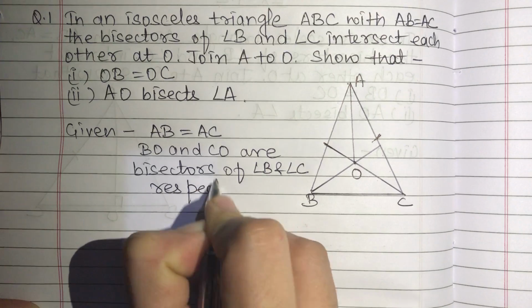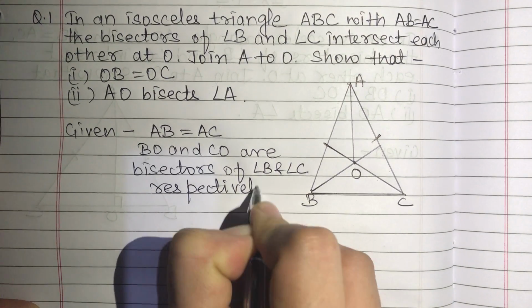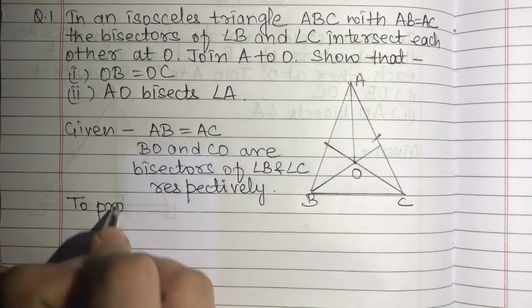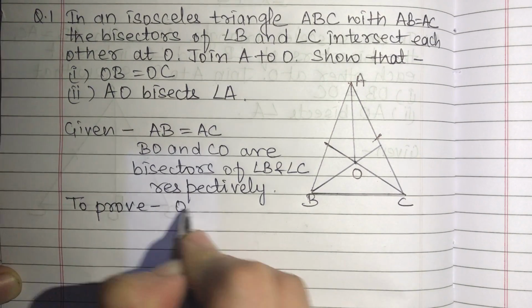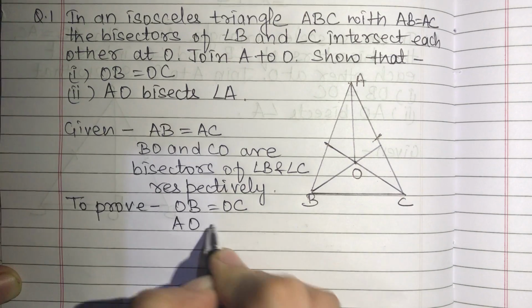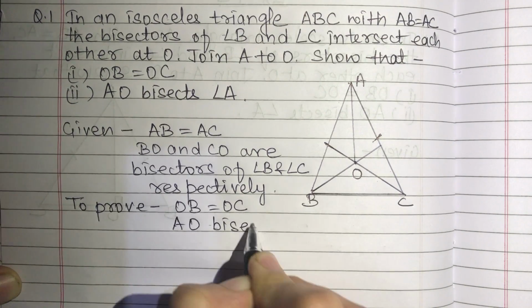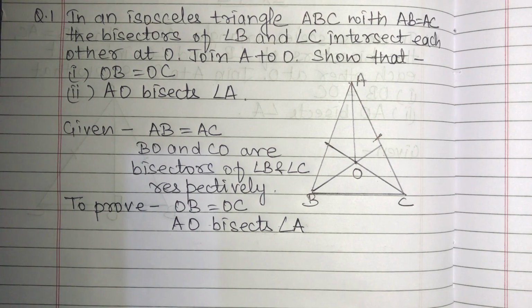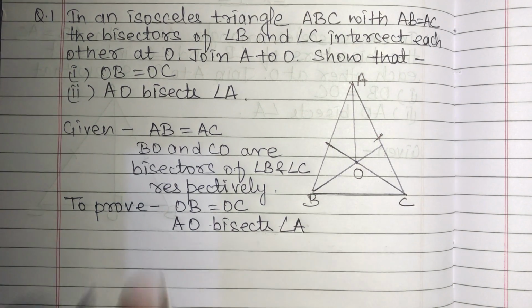What do we have to prove? We have to prove that OB equals OC and AO bisects angle A. So this is the thing which we have to prove.